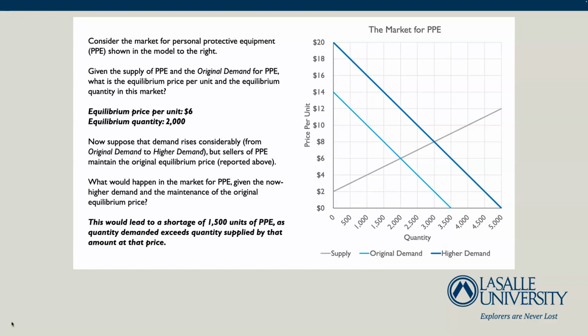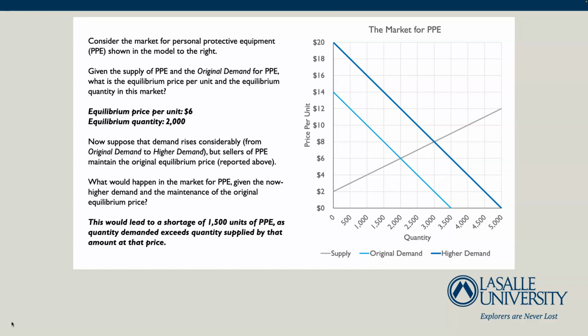Given the supply of PPE and the original demand for PPE, what would the equilibrium price per unit and equilibrium quantity in this market be? So here, the equilibrium price per unit will be $6. That's where supply and demand meet, and at that unique price, we have an equilibrium quantity of 2,000 units of PPE.